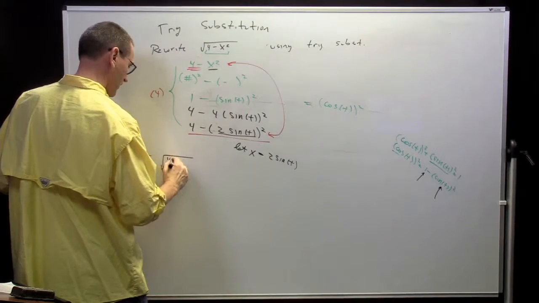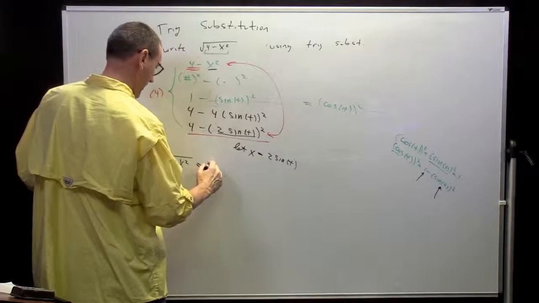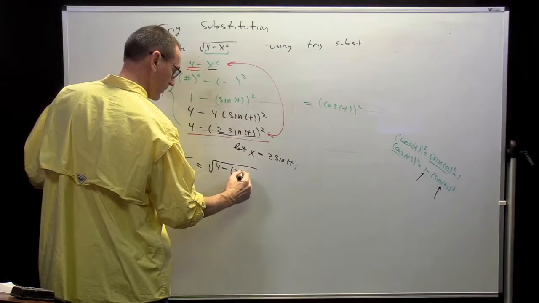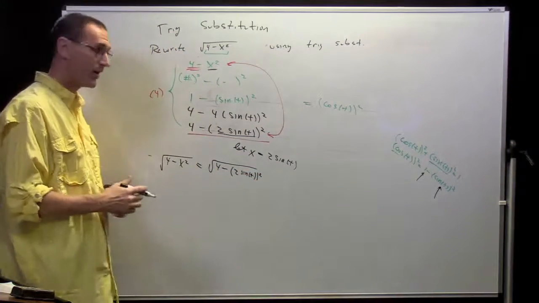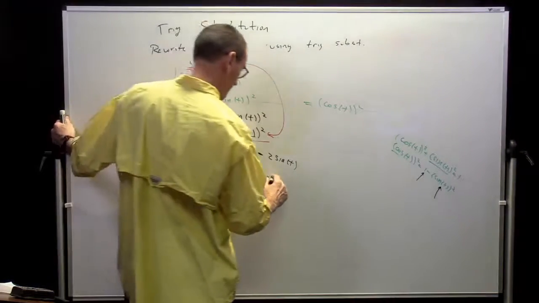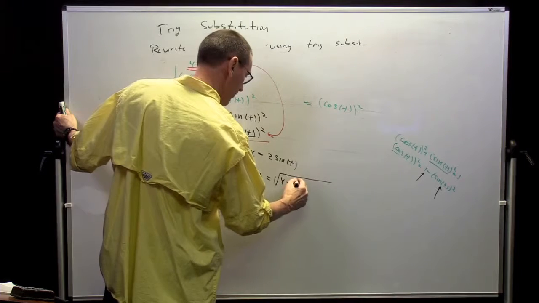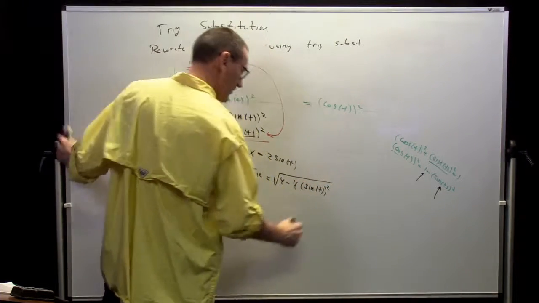What do I have? I've got the square root of 4 minus x squared. I'm saying x is that thing, so everywhere I see an x, I'm going to replace it with 2 times sine of t. I'm going to do some algebra here to straighten that up. It's going to be 4 minus 4 times sine of t squared.